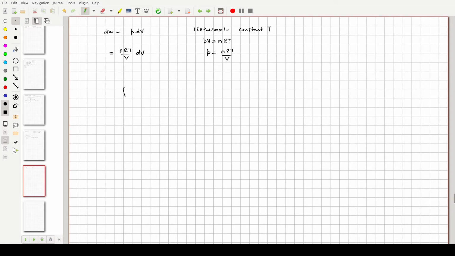So if I integrate the work from volume A to volume B, on the left-hand side, you have the total work. On the right-hand side, n, R, and T are all constants because, again, we're dealing with an isothermal situation. So n, R, and T come out, and now what you're integrating is dV over V from VA to VB. Now, when you do this, this ends up being a natural log.